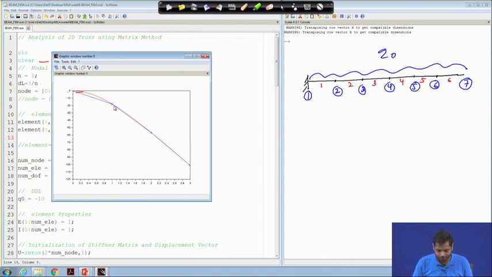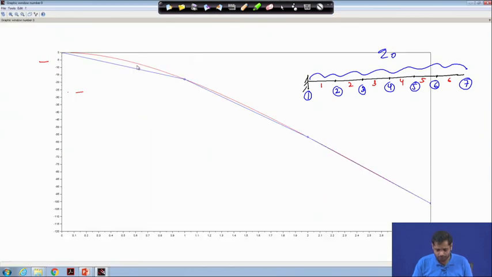Forget about this blue line. The red one is the actual deformation of this beam, and the blue dots you can see are obtained from the finite element solution.